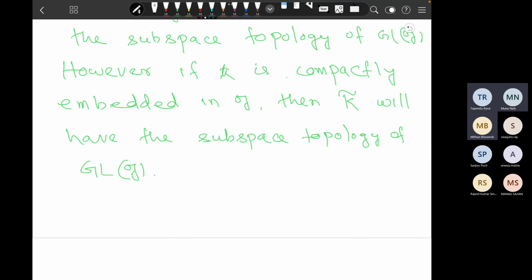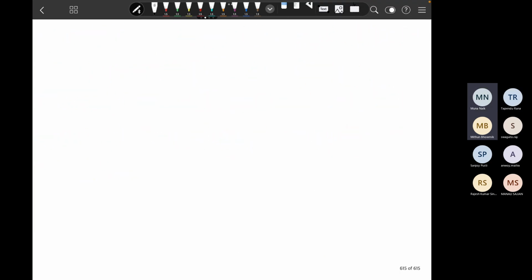But the thing is, if K is compact... suppose N is a submanifold of M, and the embedding map i is from N to M.